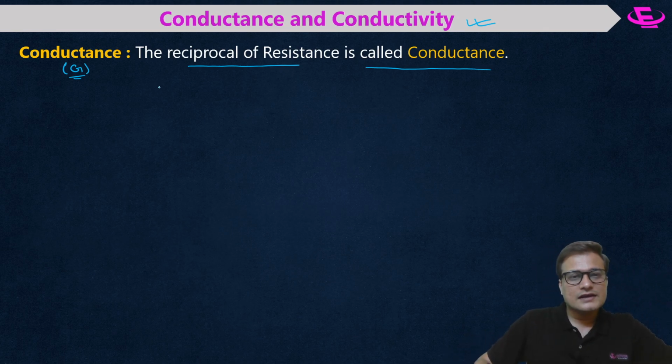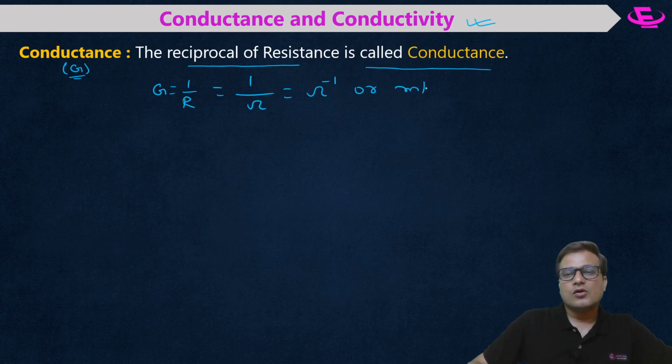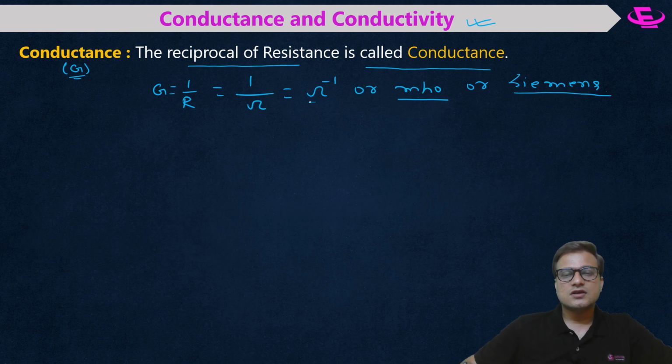So you can write G equal to 1 upon R. The unit is 1 upon ohm, so ohm inverse, or mho, or the third unit, Siemens. These three are units of conductance: per ohm, mho or Siemens. Clear?